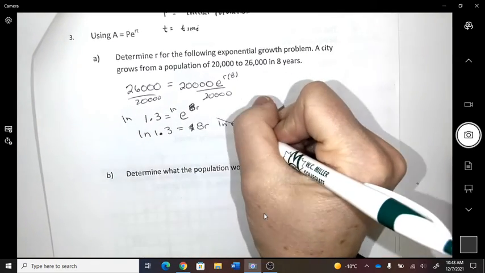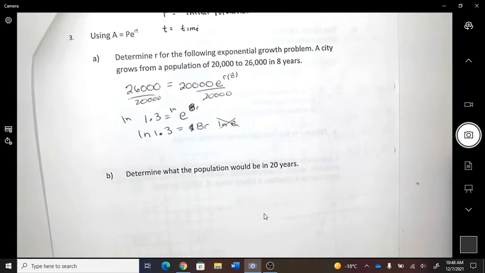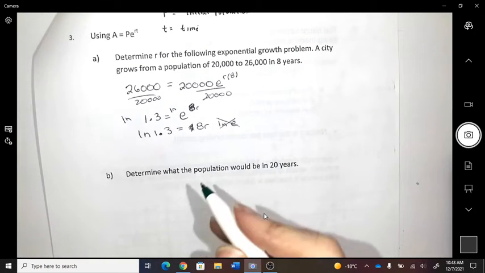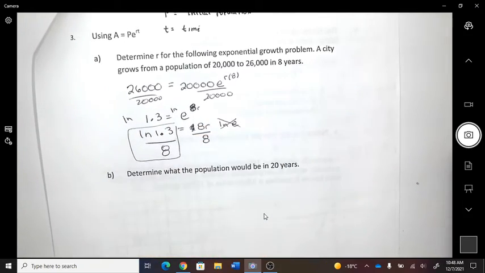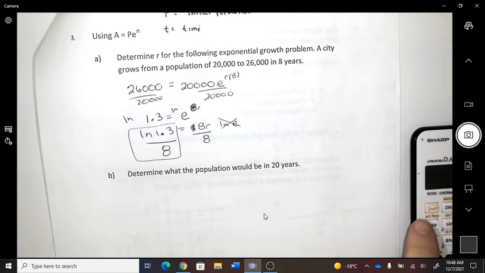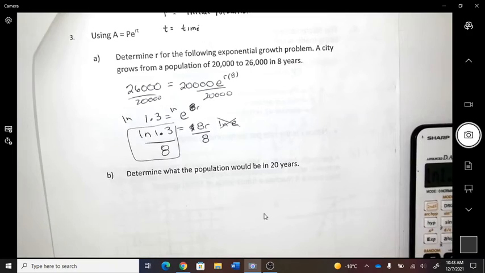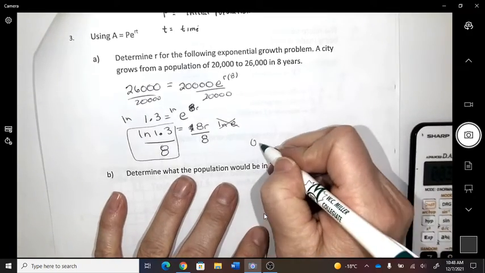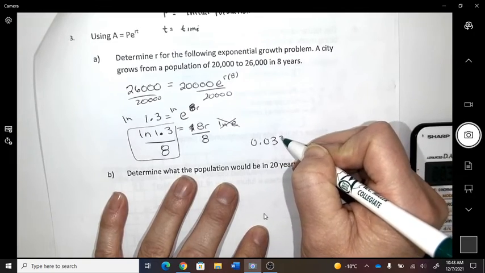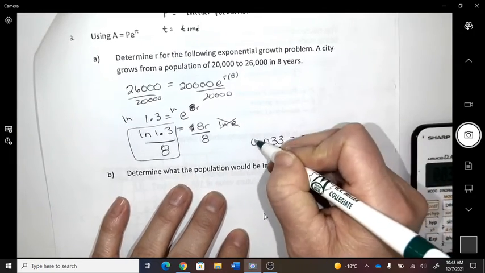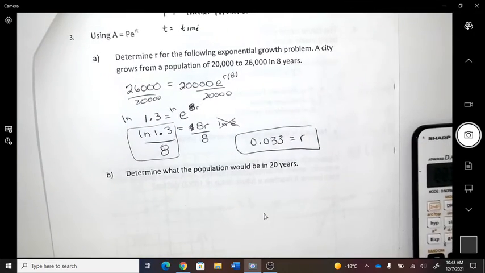Okay, ln of e has a value of 1. So to get r, I need to divide by 8. So that's the piece you need to type into your calculator then. So this will probably be a decimal because it's a rate of growth. So 3 decimals for your rate.